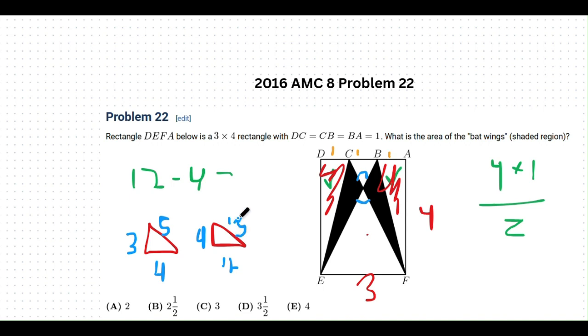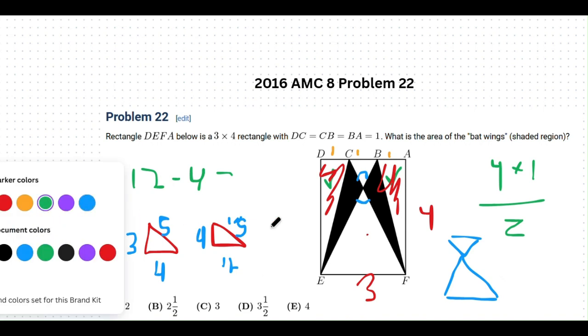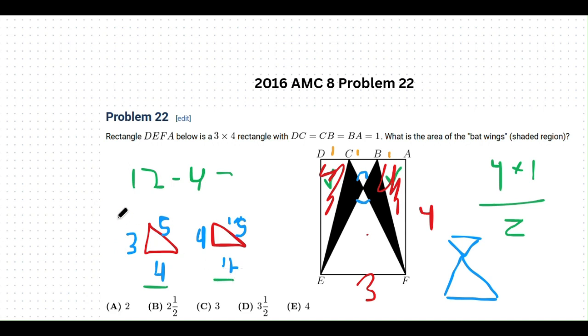Sorry, excuse my bad handwriting. Since both of these are sharing a base, this shows us that the heights must also be in common ratio. That means the heights are also in the same common ratio.